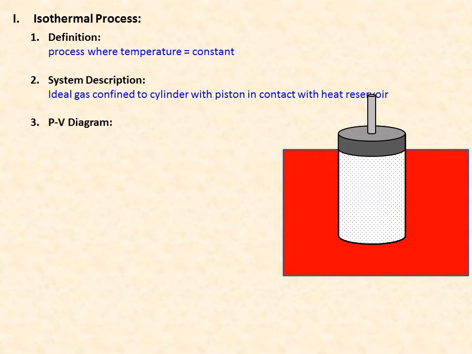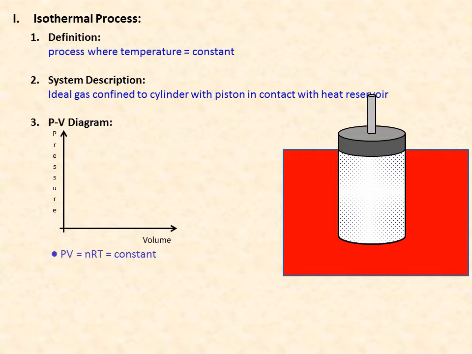Now, when we look at what this process means on a PV diagram, remember that's a diagram of the pressure of the gas as a function of volume, we start by taking a look at the ideal gas law. The ideal gas law is alive and well here for an ideal gas.